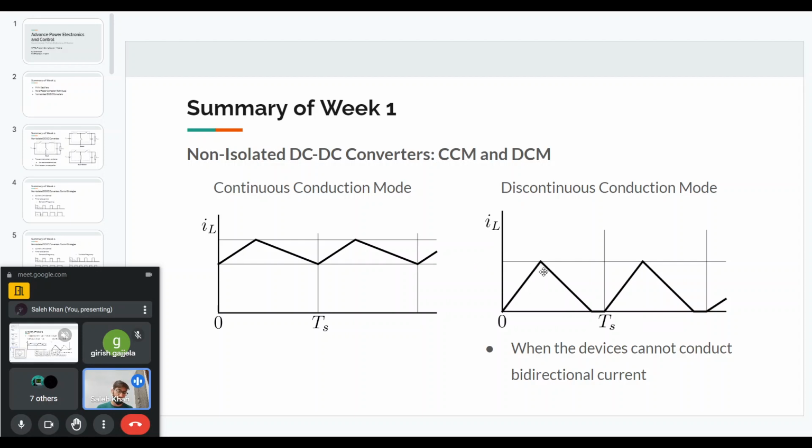The current will just go negative, and it will still be a sawtooth or a triangular wave, but it will go negative in that case. If we don't have devices that are able to conduct negative current, then if the average current falls, we can have discontinuous conduction mode. And in discontinuous conduction mode, the inductor current basically goes to zero and stays zero for some time.